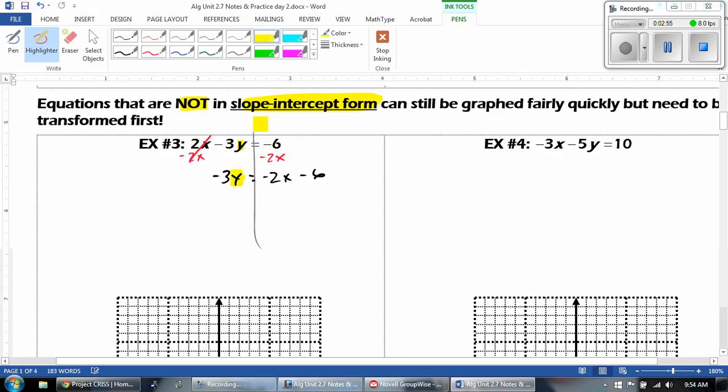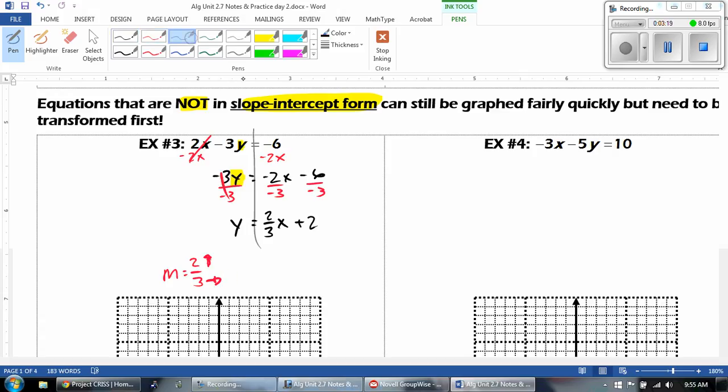And to get that y by itself, I'm dividing by negative 3. So when I'm all said and done, y equals positive 2 over 3x plus 2. My slope is 2/3, up 2, right 3, and my y-intercept is (0, 2).